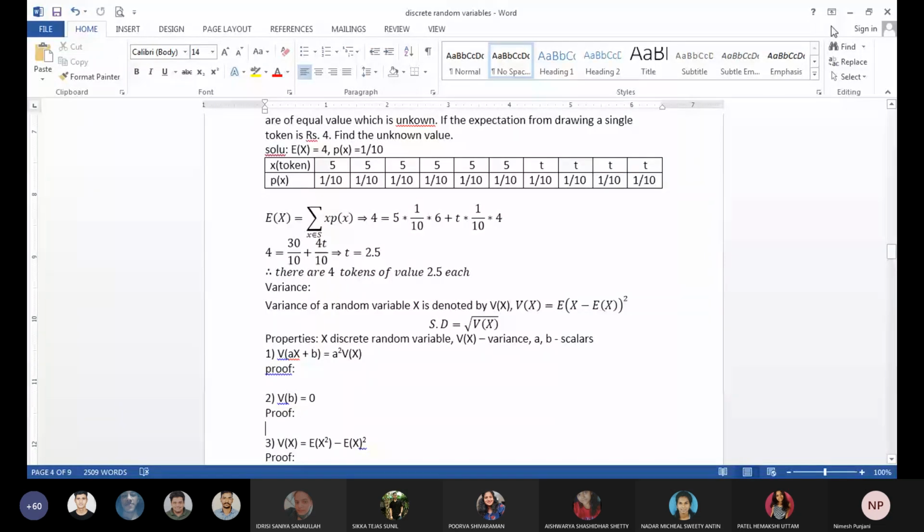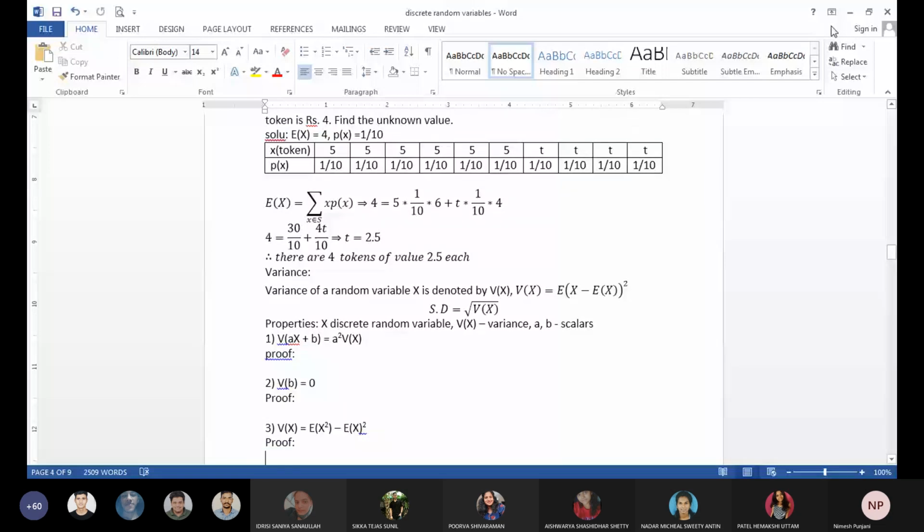Second property is variance of b is 0, that is, variance of a constant or a scalar is 0. Variance of x can also be written as expected value of x square minus E of x the whole square.